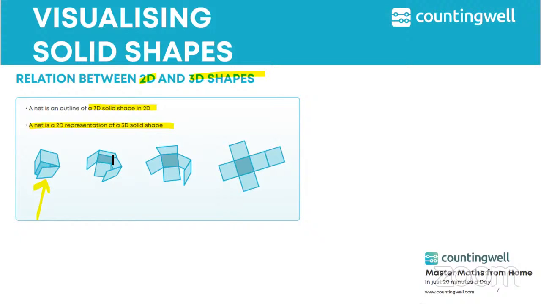If we open this 3D solid shape by cutting along the edges and lay it down, this will be the 2D representation of this shape. So this is nothing but the net of that cube. So a net is nothing but the outline of that cube in 2D.